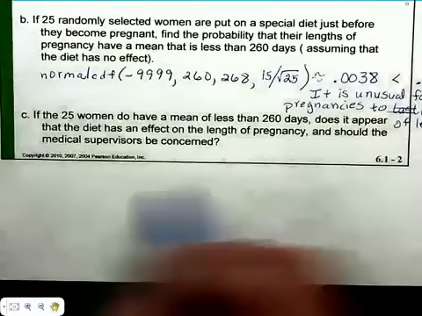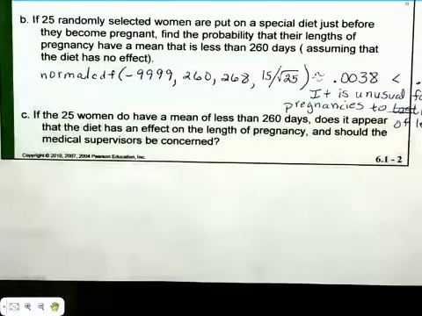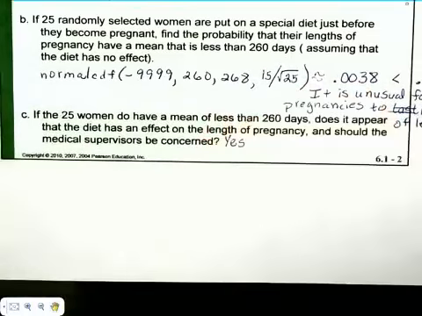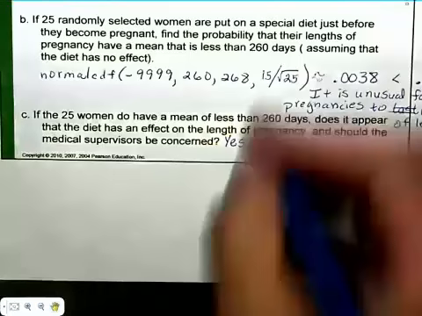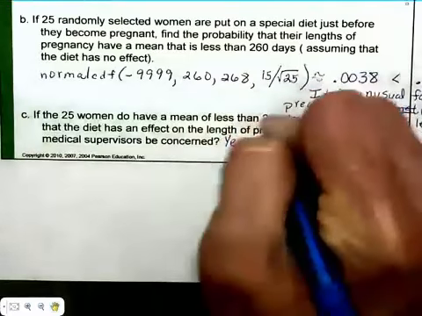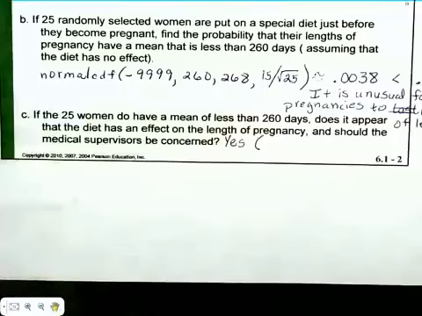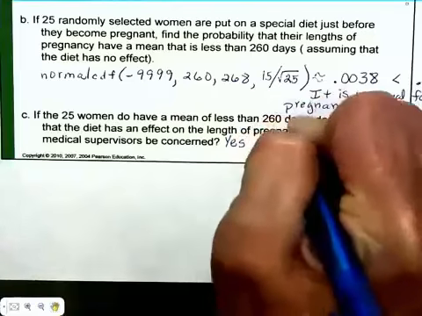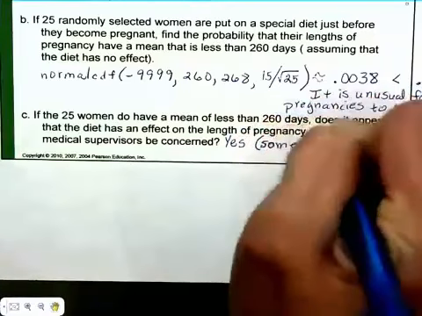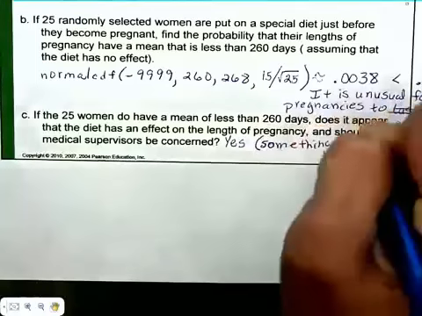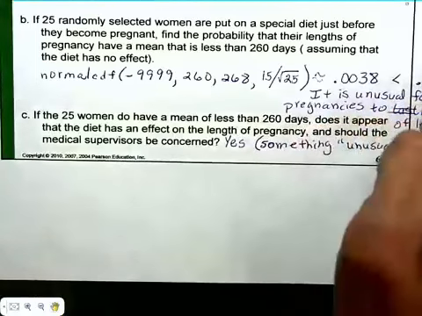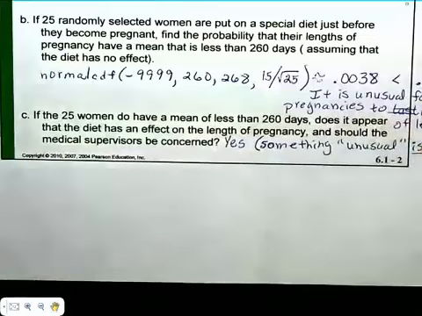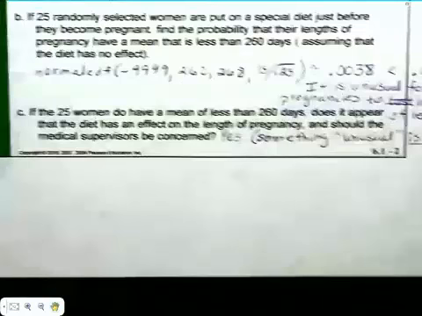Does it appear that the diet has an effect on the length of the pregnancy? Yes. How could I make this clear? That's the best way to say it. Something unusual is occurring.